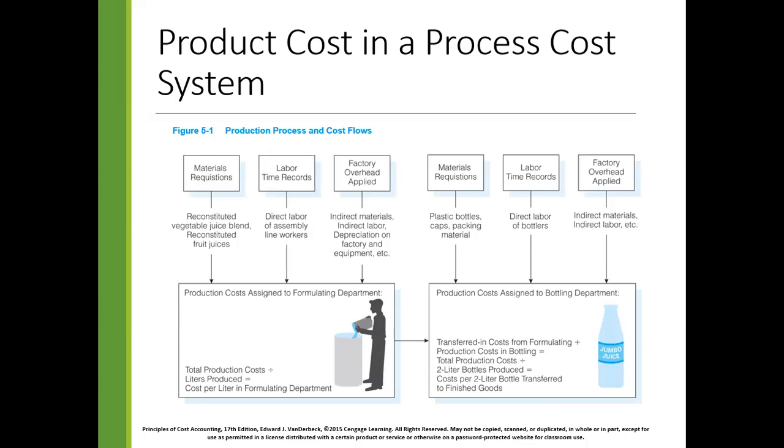formulating departments. Then we have the labor time records, direct labor of assembly line workers will go to production cost assigned to formulating department. Then we have the factory overhead applied, indirect materials, indirect labor, depreciation, factory and equipment, etc. Now, for materials requisitions, examples, we have plastic bottles, cups, packing materials, will go to production cost assigned to bottling department.